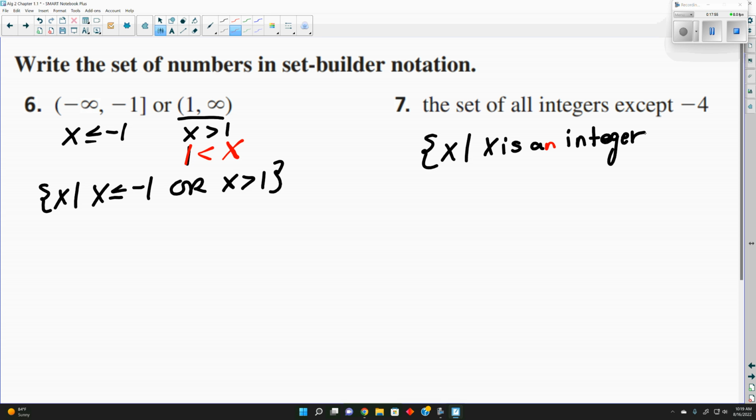I just run out of room, so I'm going to have to write underneath it. And what do we know about it? It doesn't include -4. So what can x not equal? -4, yes? So how do we do not equals? x is not equal to -4. And that's it, yes? Any questions on this?